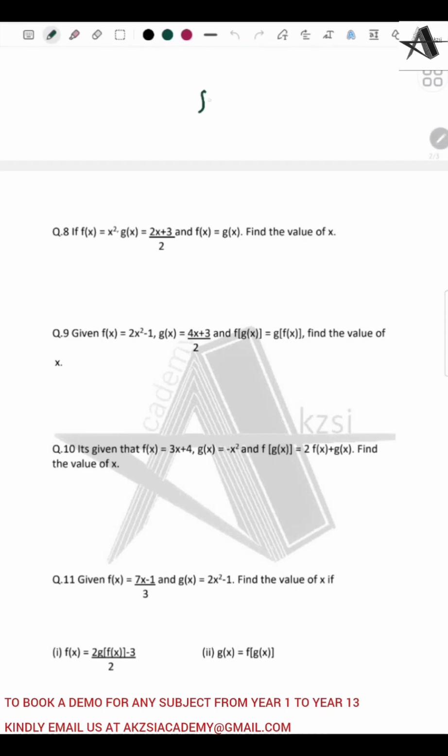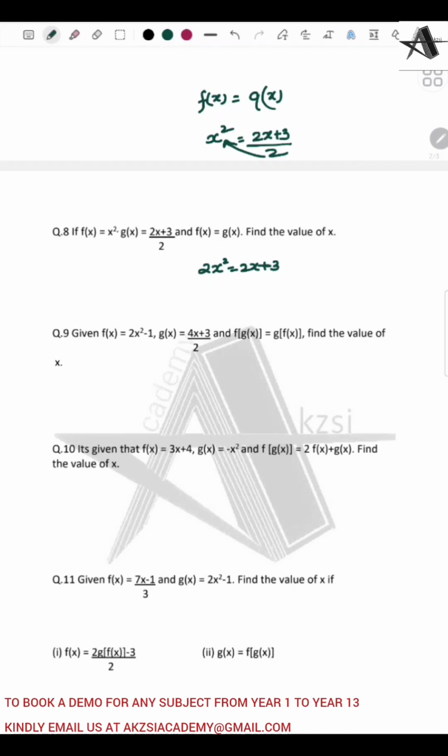So if f(x) is equal to g(x), what's the value of f(x)? It's x squared. So I can write x squared. And what's the value of g(x)? It's 2x plus 3 over 2. So I need to write 2x plus 3 over 2. The next step is to cross multiply. It's just basic solving. So 2x squared is equal to 2x plus 3.